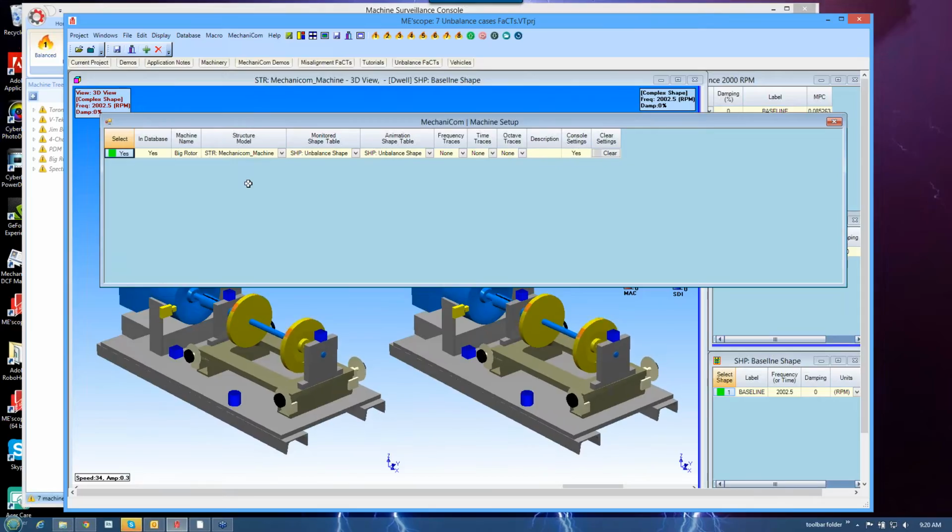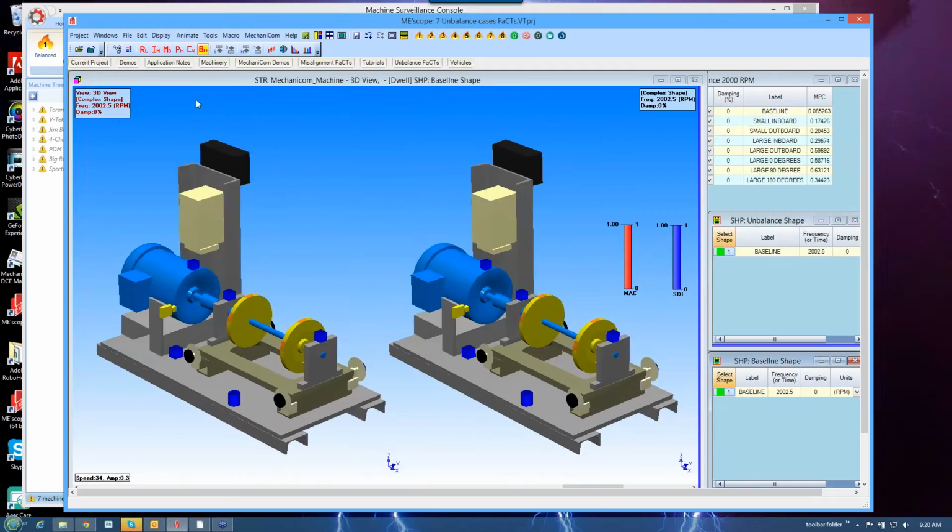Post-processing, it can be acquiring data, putting it into a database, and we have customers that are already using Emiscope in this application. So over here it says in database, the machine Big Rotor is in there, and these are the data that's going to be archived by Emiscope in each snapshot.